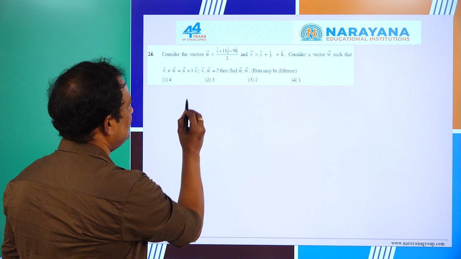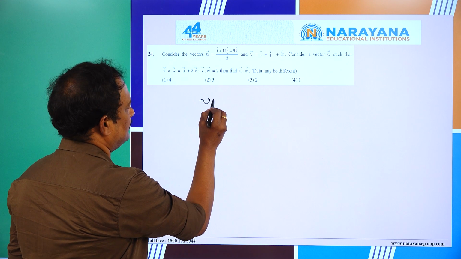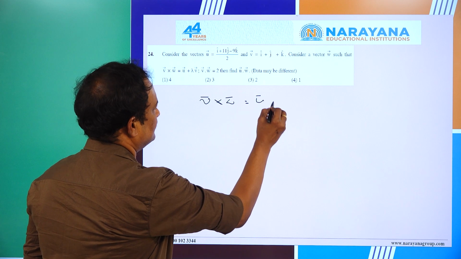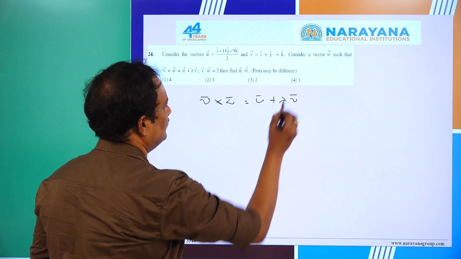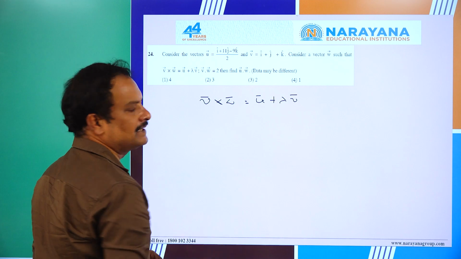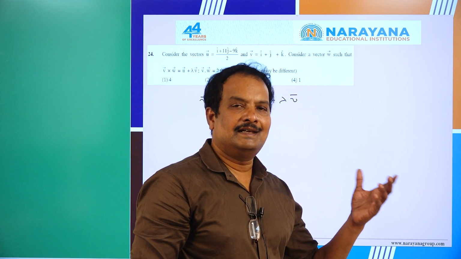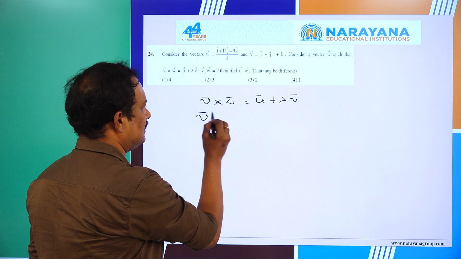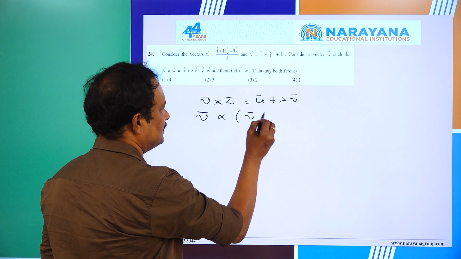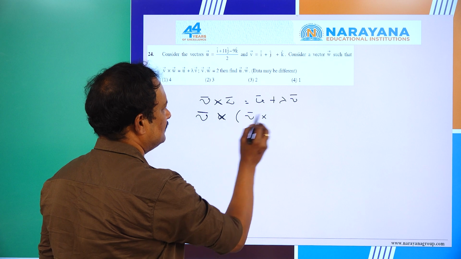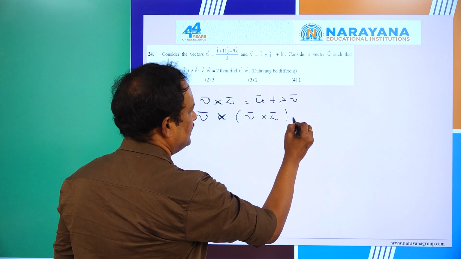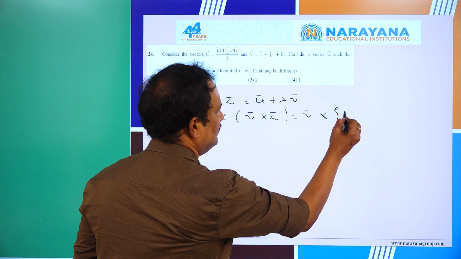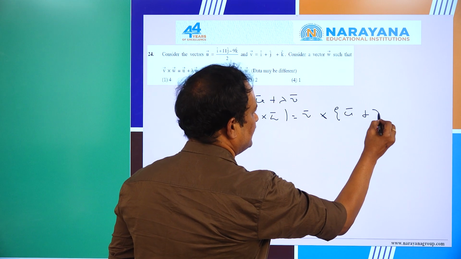So what I am going to do is, since v bar cross w bar is given, which is u bar plus lambda times v bar, I will now take the LHS cross product with v bar. So this is v bar cross v bar cross w bar, and that is equal to v bar cross u bar plus lambda times v bar.